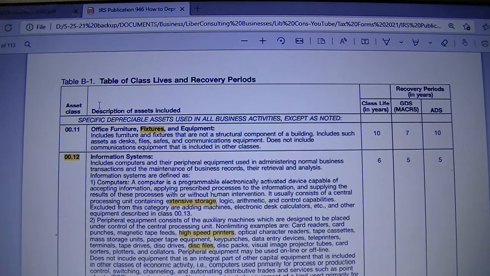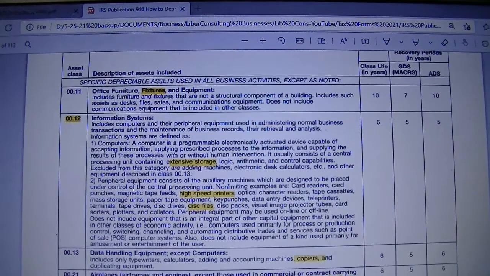So you will first look at table B1 to see if you will see your printer. And if we read the description of the assets, they have printer located in table B1.